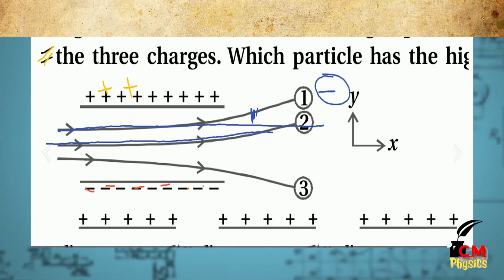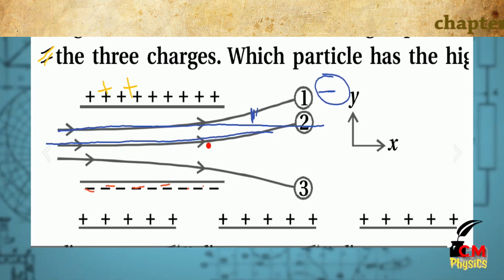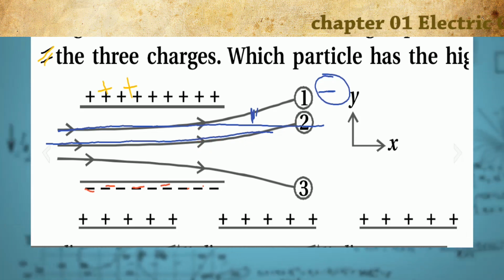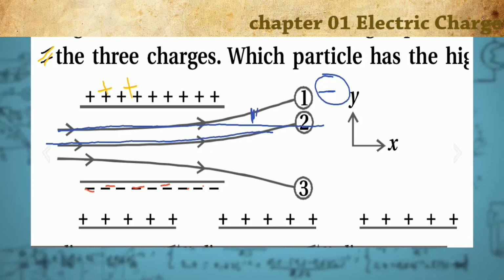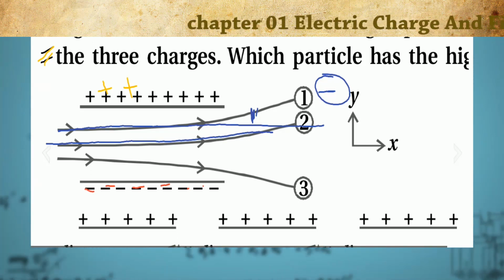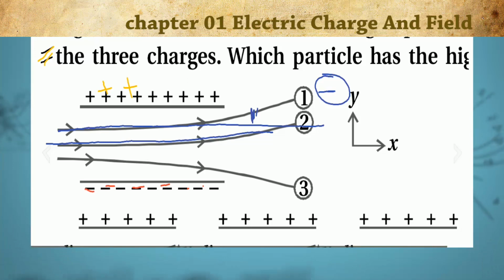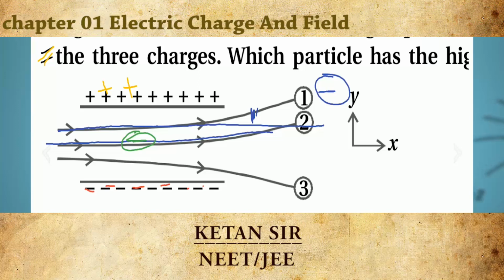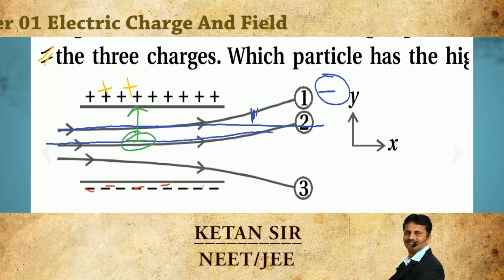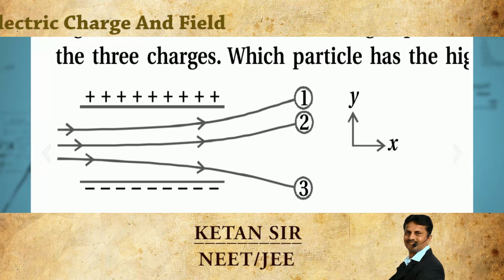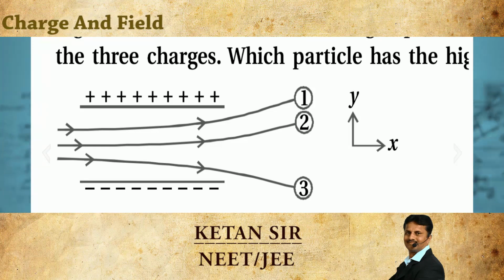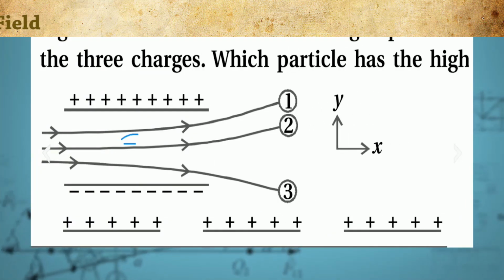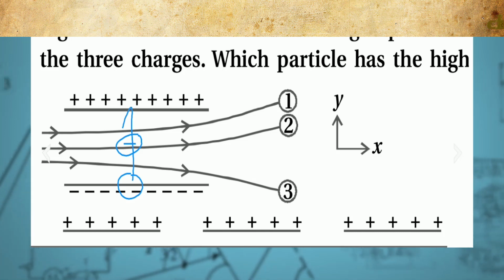Look, the second particle's trajectory is a straight line, but it is also shifted a little towards the upward direction. If we consider negative charge here, then positive charge will attract the negative, and negative charge repels the negative charge.